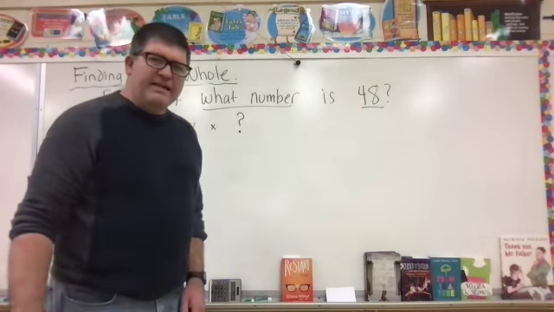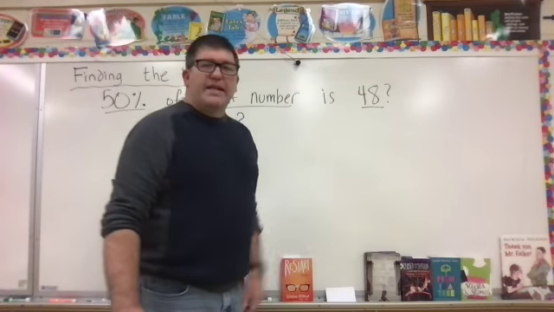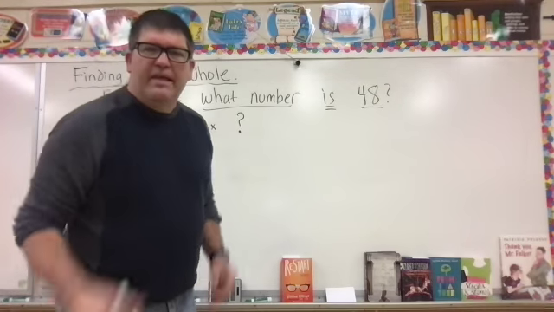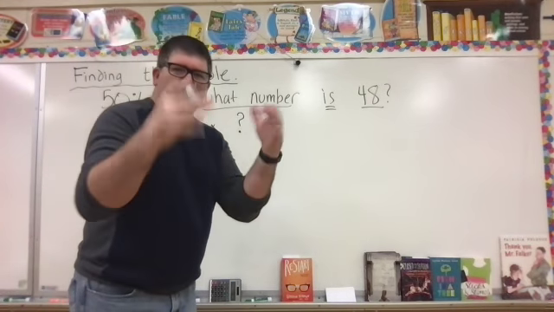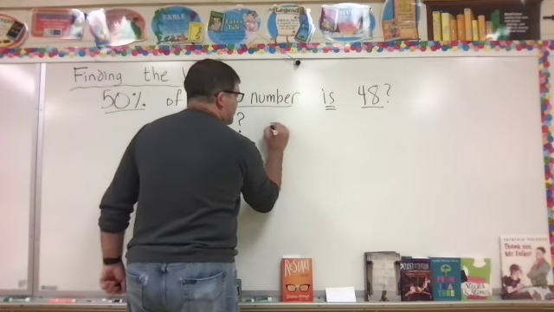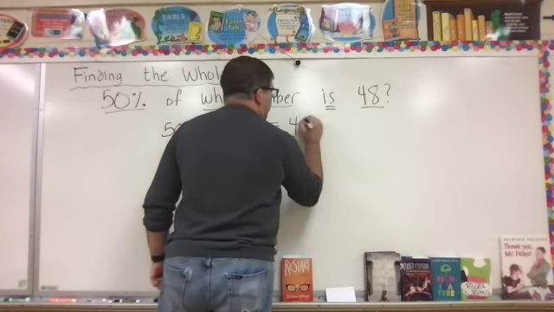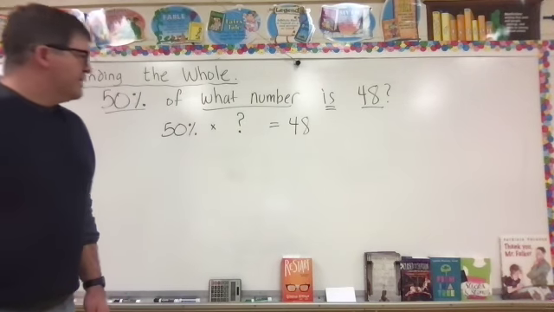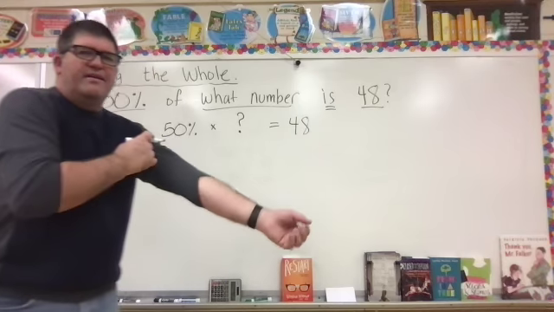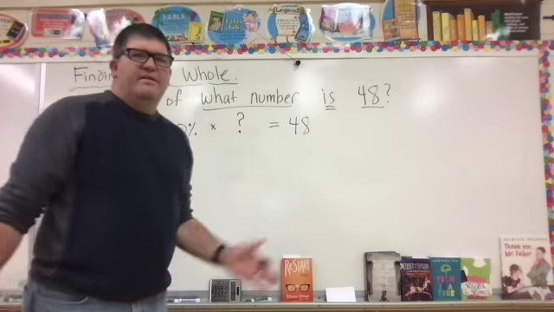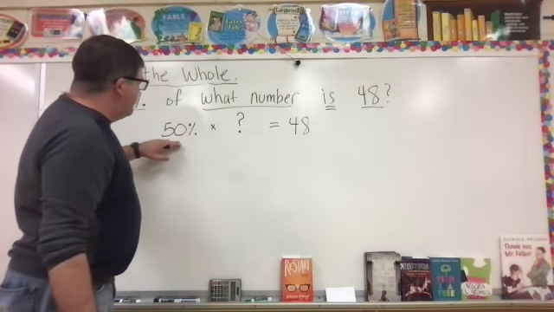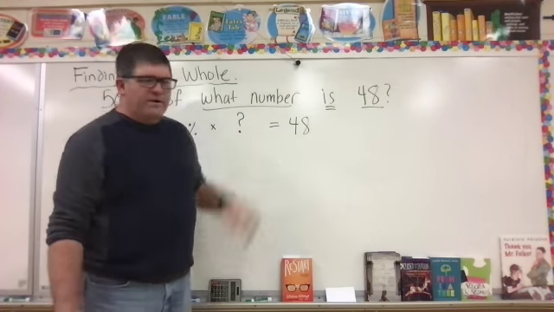I don't know what that is. When you see the word is, that kind of stands for equals. So all of this is that, okay? So I have my answer is 48. And this is where we start to touch a little bit on algebra, but we'll get into that in the next chapter. Okay, so now my problem is 50% times something equals 48.